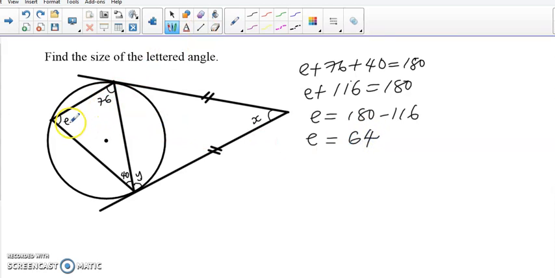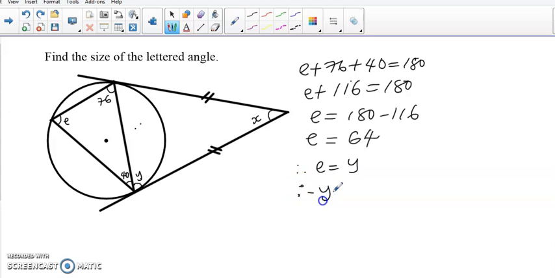So since E is 64, that means y is 64, because this is a chord. Here is the minor segment, here is the major segment, and the angle at the circumference in the alternate segment is equal to the angle between the tangent and the chord. So E is equal to y.